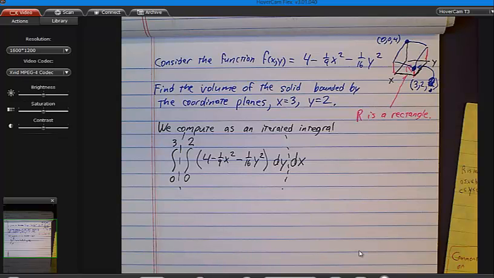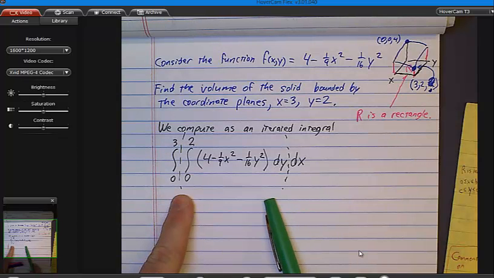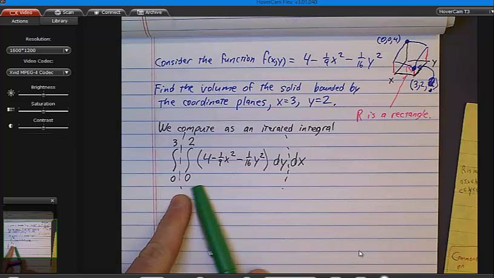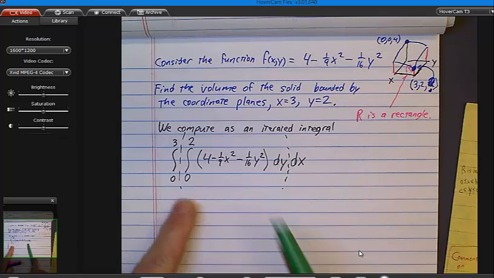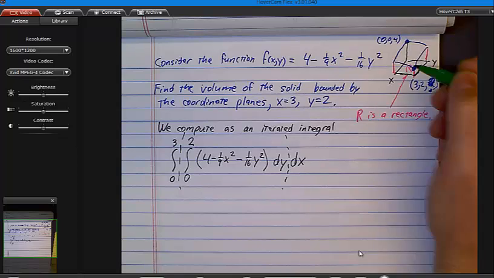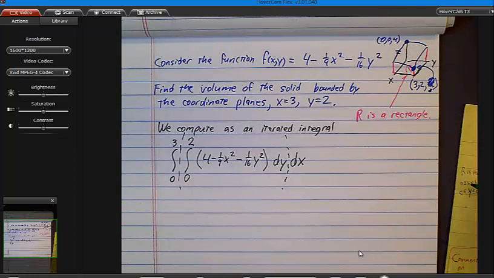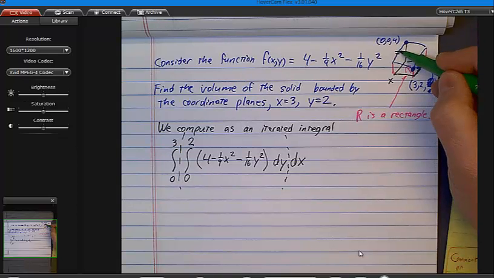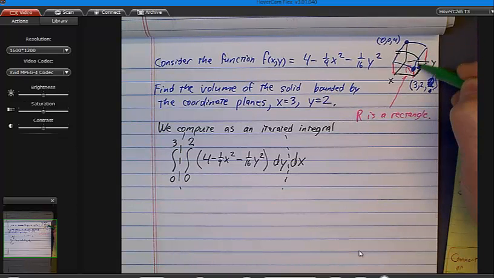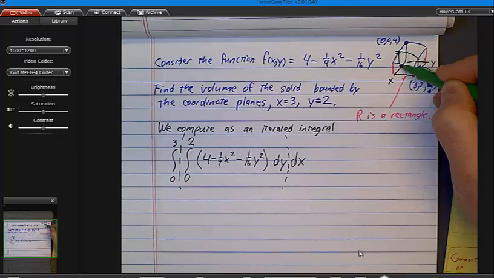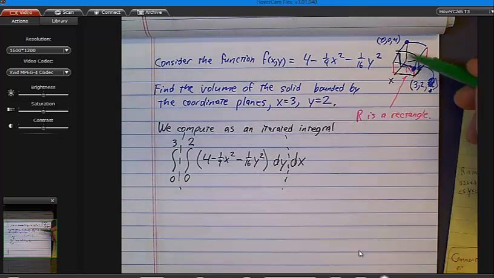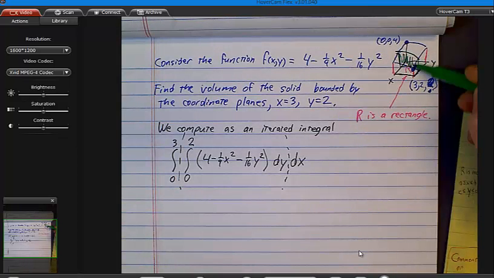The idea is this. When we say we're going to integrate this function dy, you are fixing an x value and finding the area under that curve. See that green slice I just took? If I found the area under that curve, that would be right there.